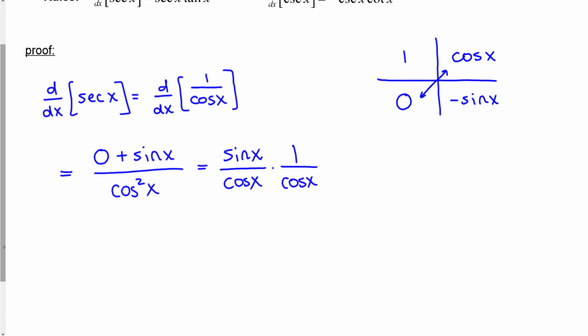Because the numerator still multiplies to sine of x, the denominators multiply to cosine squared. Sine x over cosine x is the definition of tangent of x. 1 over cosine x is the definition of secant of x. So there we've established the derivative of secant is the secant of x times the tangent of x.